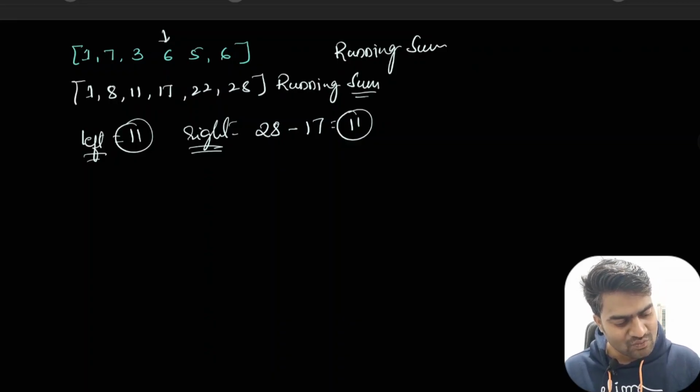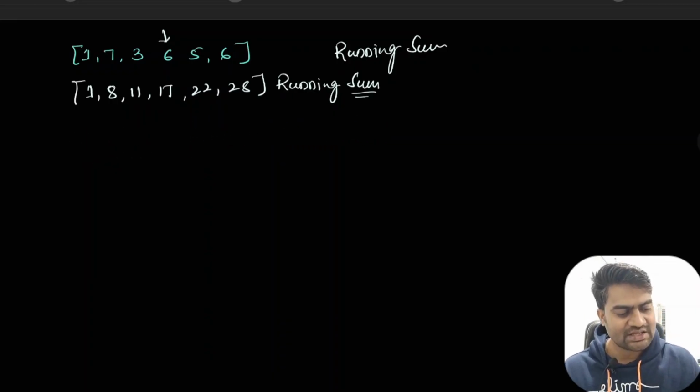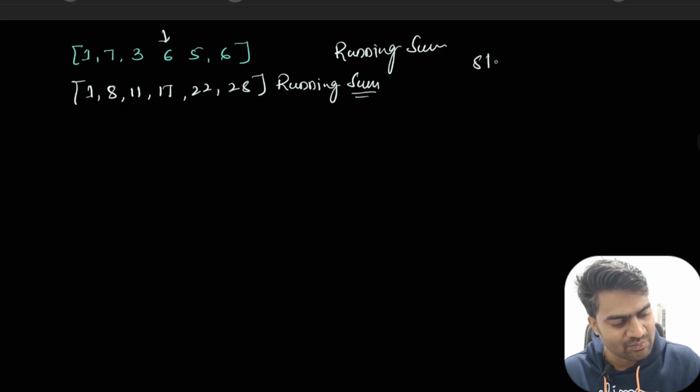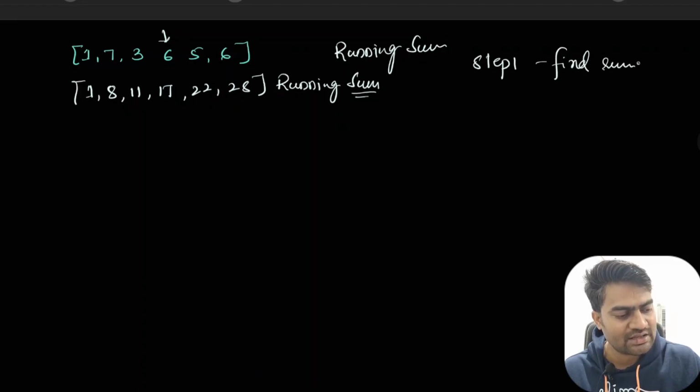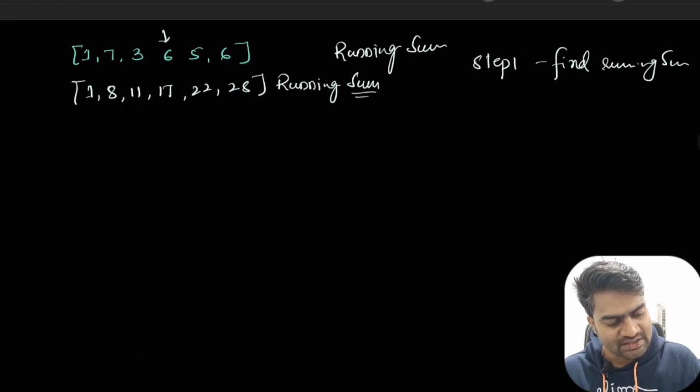Now let us try to derive this particular formula. First we found the running sum. So this is the first step: Step 1 is find the running sum. Okay, after that, you stand at any number, then you find the left and right.